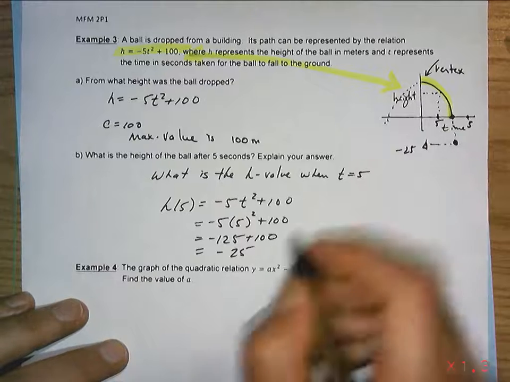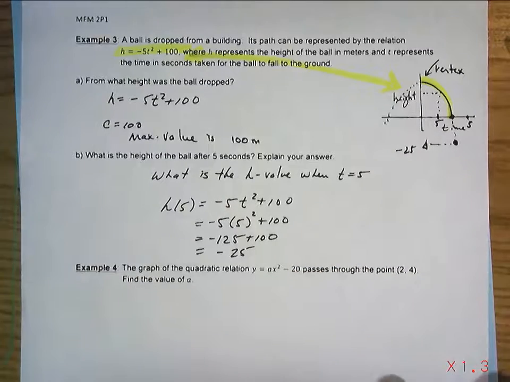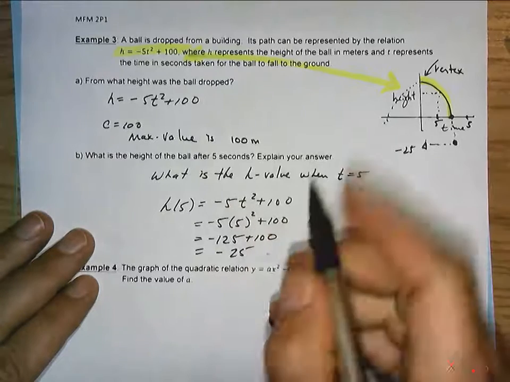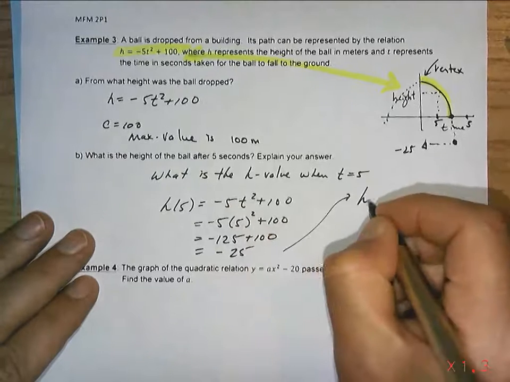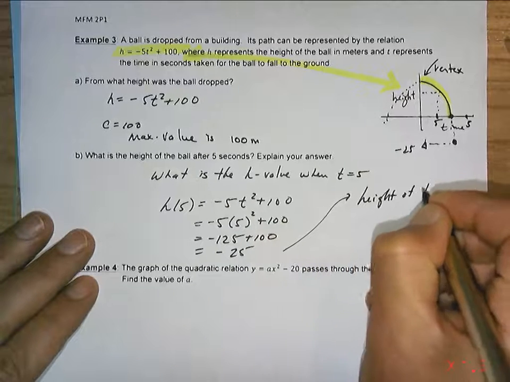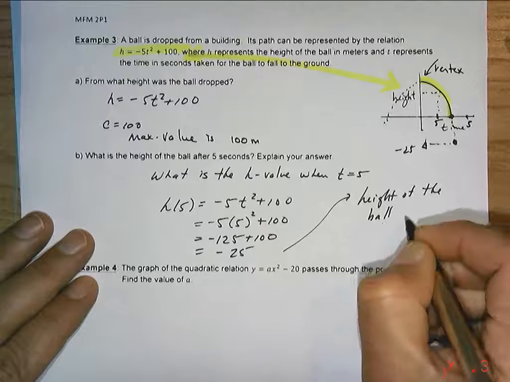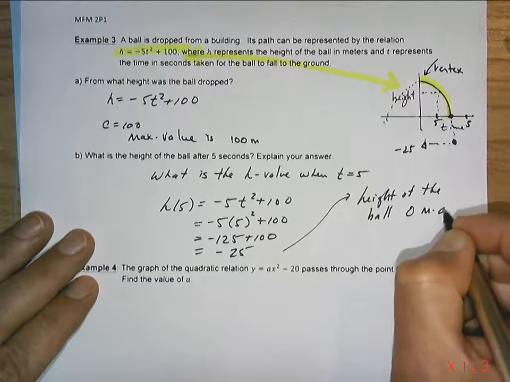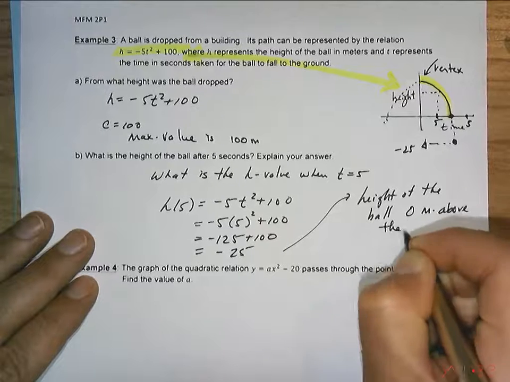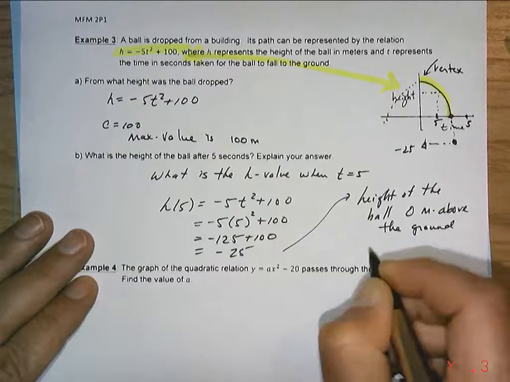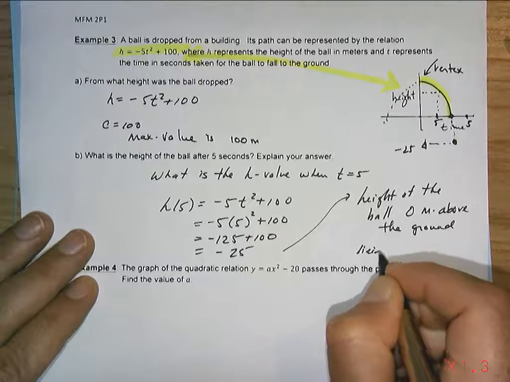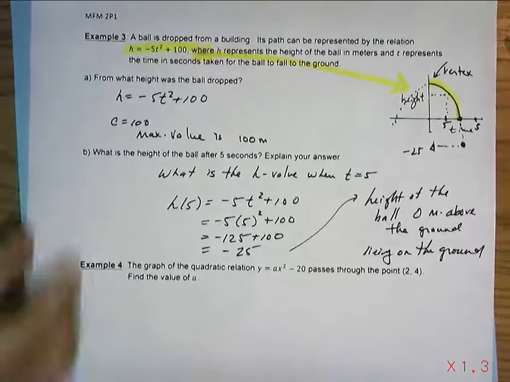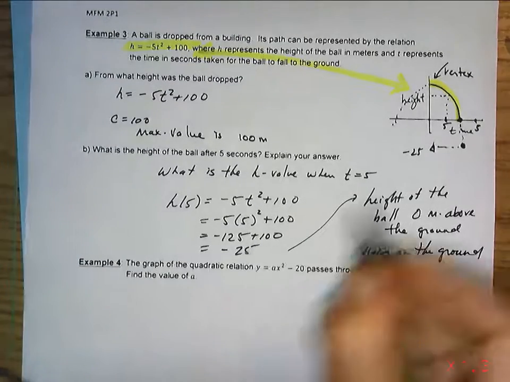So what we would say, barring a hole being in the ground or the ball falling through the ground and drilling a hole as it falls, we're going to say the height of the ball would really be 0 meters above the ground. So really what's happened is it's hit the ground. It's lying on the ground. It's just sitting there. It's not going anywhere. Okay? And it's been there for a little while.